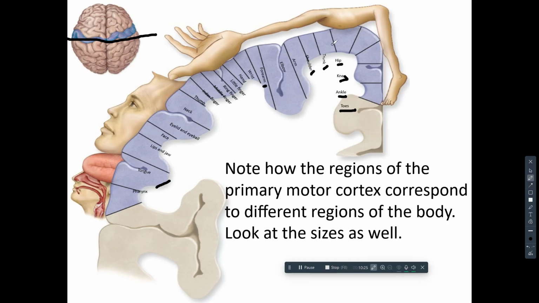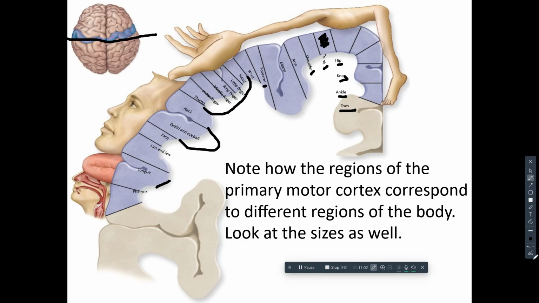Also note for me that the sizes of these different areas corresponding to different body parts are different as well. Like we have a whole huge section devoted to hand and finger movement. Big section devoted to eye movement. Small section for trunk movement up here. So different regions of the body are going to have different amounts of cortex devoted to controlling their movement.